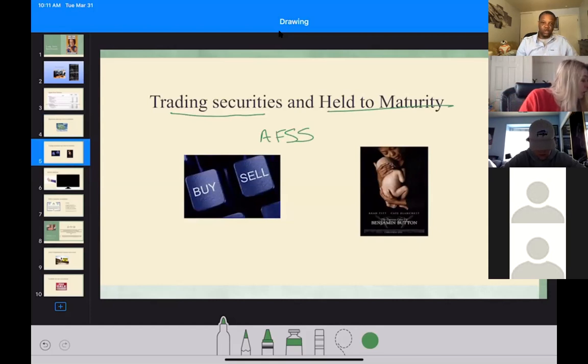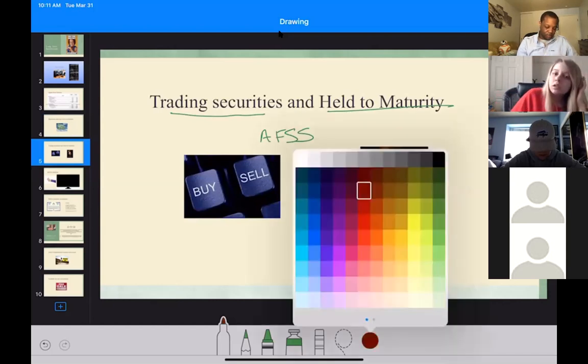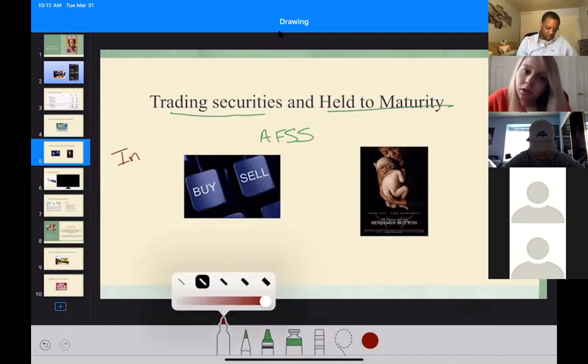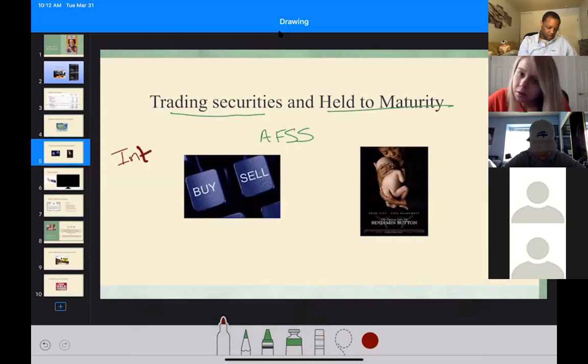Okay. So we talked about trading, right? And all this kind of hinges upon what is management's intent, and what is management's ability?